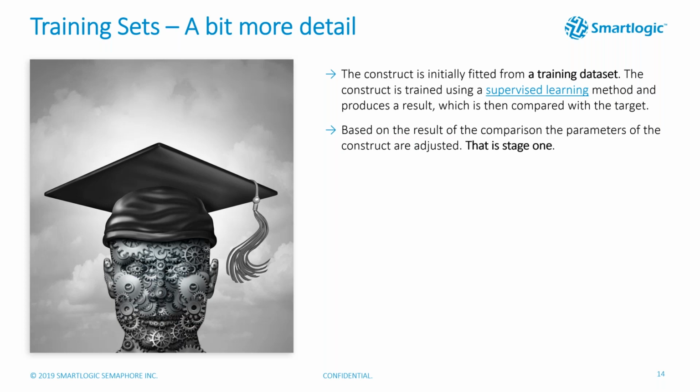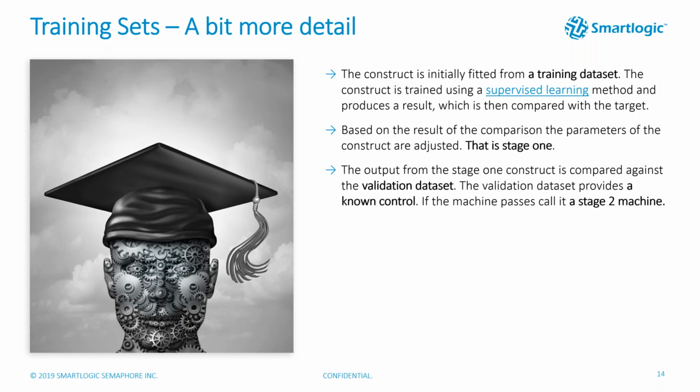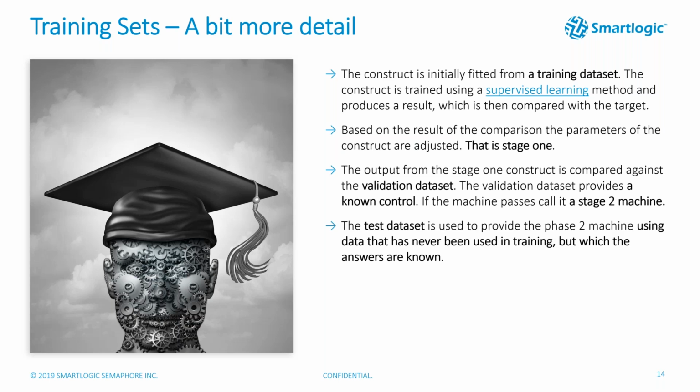And when you're happy with that, we can call it a stage one machine. The output from that stage one construct is then compared against the validation data set, which provides a known control. If the machine passes that known control, we'll call it a stage two machine. And the test data set, which uses data that's never been seen before by the machine, we have to assemble that as well.